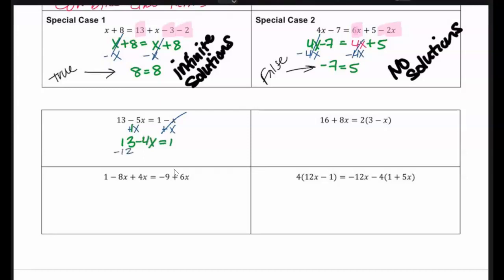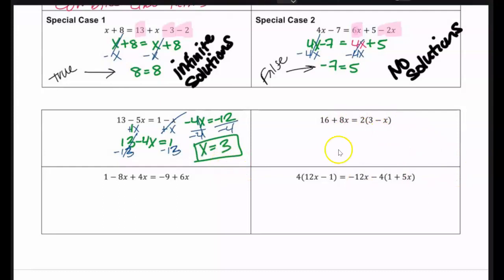Move the constant to the other side. So 13, which leaves you with negative 4x equals negative 12. And we're going to divide by our coefficient. Ta-da! X equals 3 is what you should have gotten.